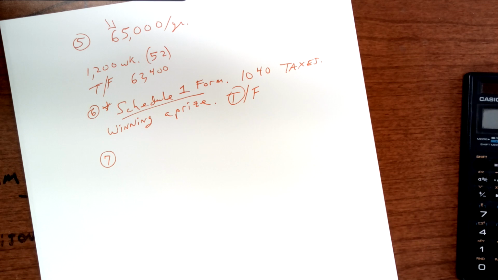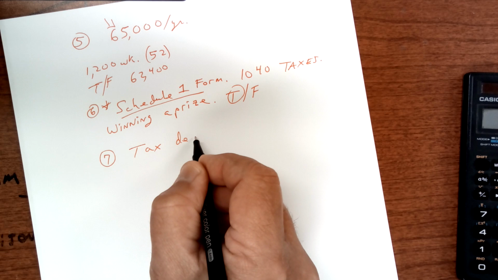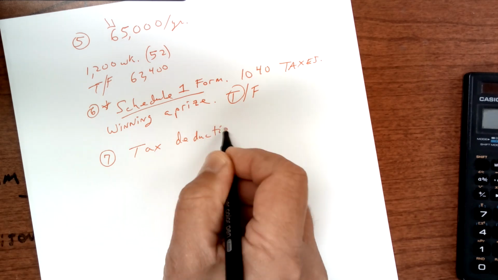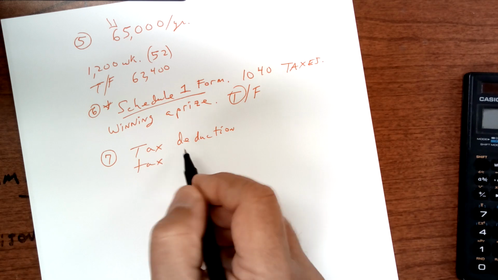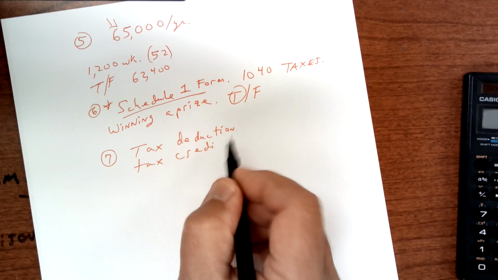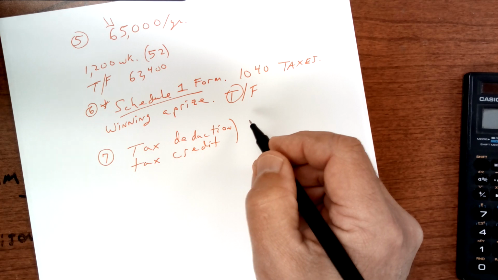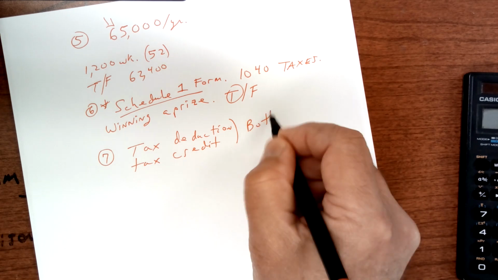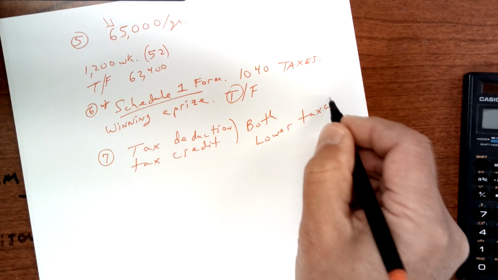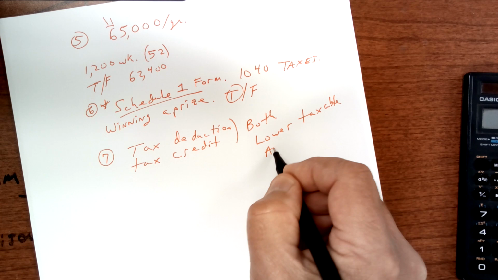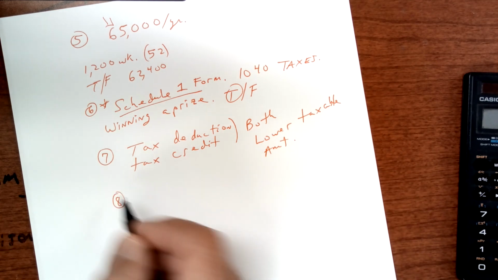So tax deduction and tax credit both lower your taxable amount. So those are good things. You want to lower your taxable amount because that's less taxes you pay.